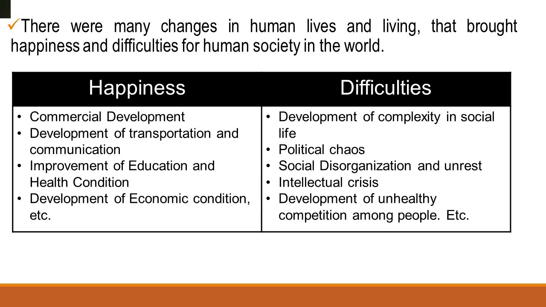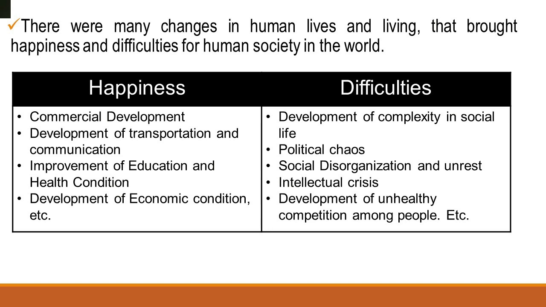If you look at this table, there are some words for happiness and for difficulties. We have commercial development in happiness, development of transportation and communication, improvement of education and health condition, development of economic condition, and so on. On the other hand, there is also a presence of difficulties that people experienced.